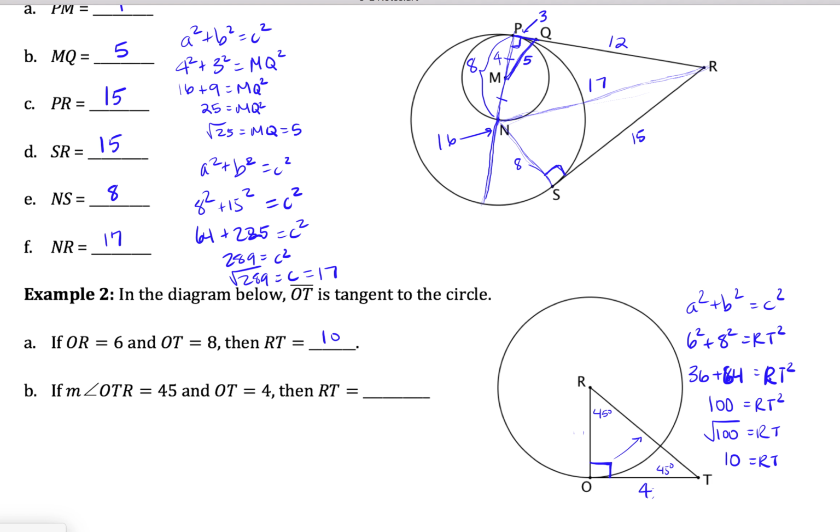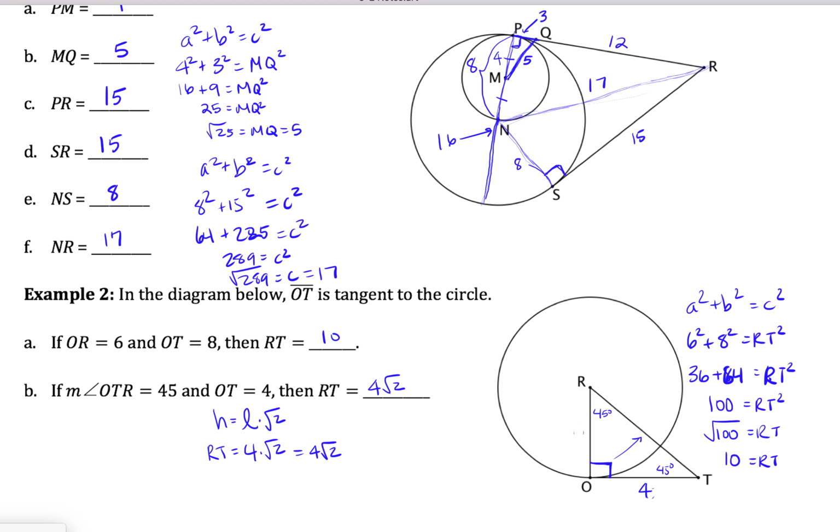And we remember that from chapter 8, the hypotenuse of a 45, 45, 90 is equal to the leg times the square root of 2. And since RT is the hypotenuse, we would know in this example that RT is equal to 4 times the square root of 2, or just 4 root 2. So RT has a length of 4 root 2.